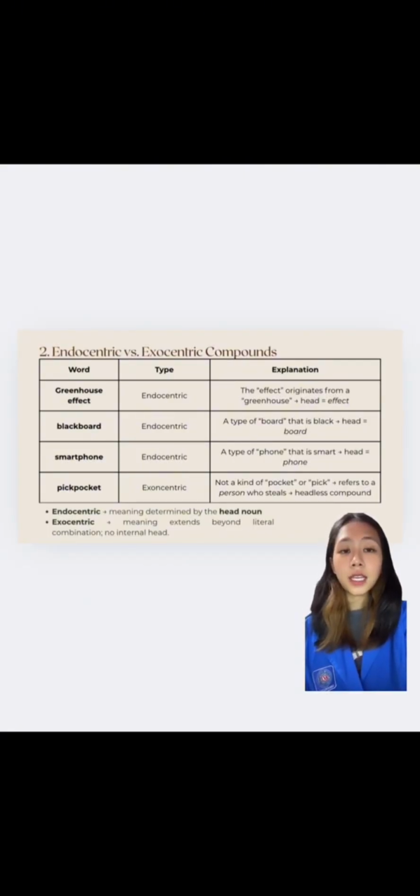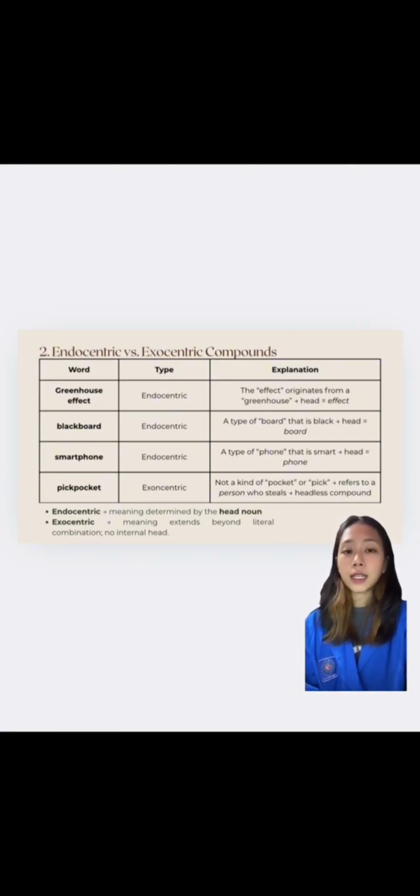Endocentric means the meaning is determined by the head noun. Exocentric means the meaning extends beyond the literal combination, or there is no internal head. But I will explain two other points for you guys about endocentric versus exocentric.